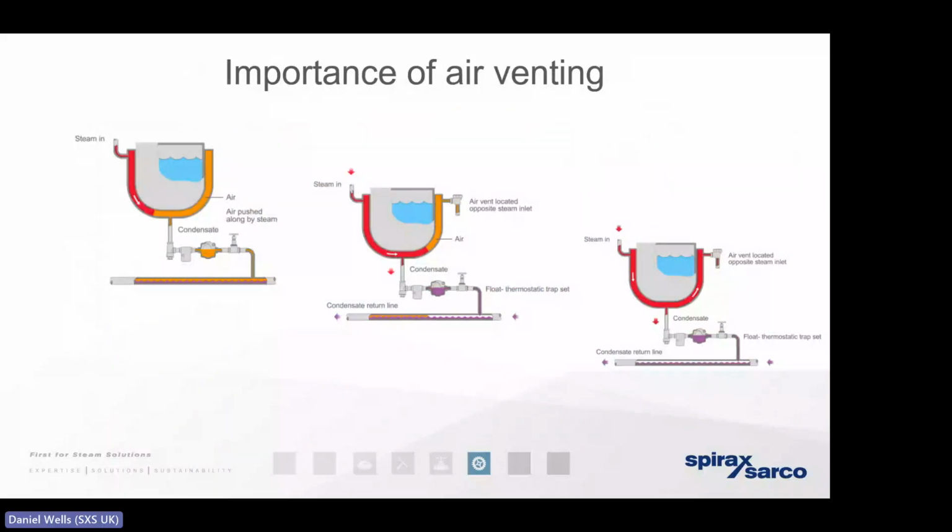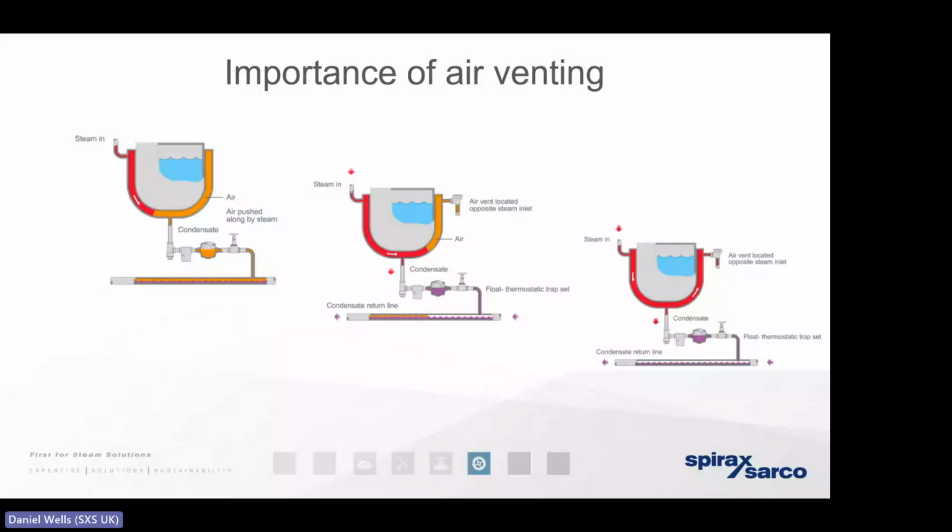Once the steam has actually pushed the air past the bottom, then we're likely to have a heat exchanger that becomes airlocked. And that means that we're going to get a slow process time. We're going to get an inefficient release of energy into the process. But it also means that we're going to find a cost of steam that is slowly starting to escalate.